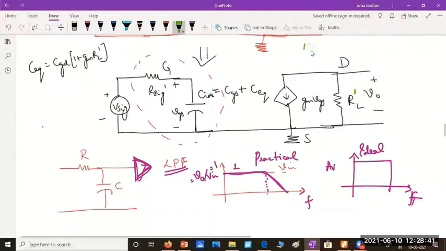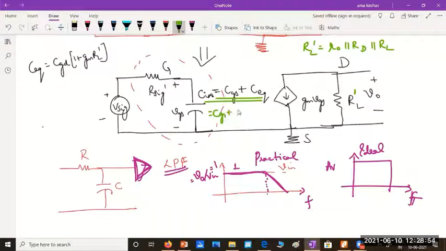Remember, R_L dash is nothing but R_0 in parallel with R_D in parallel with R_L. And what is the value of C equivalent? C_GS plus C equivalent is C_GD into (1 plus g_m R_L dash). So this is the actual capacitance seen here.